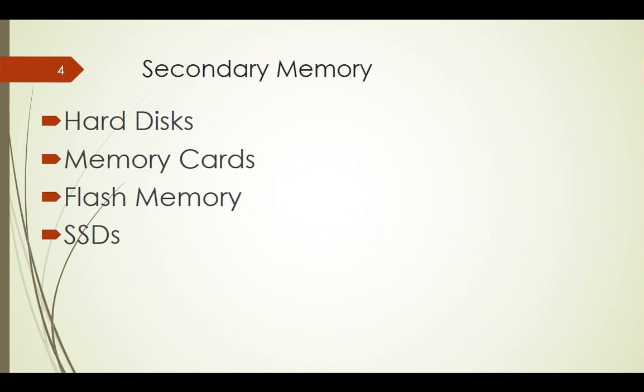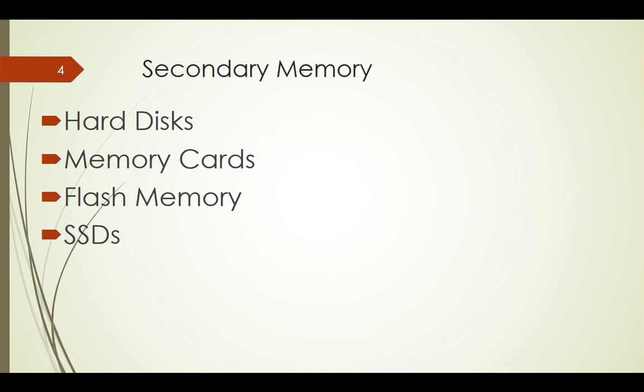So these are the types of secondary memory: hard disk, memory cards, flash memory, SSDs. Hard disk, we all have examples of in our laptops or CPUs and other things. Memory cards are also secondary memory, and many of you have heard about Raspberry Pi and other small pocket computers like BeagleBone Black, and these are booted from memory cards.